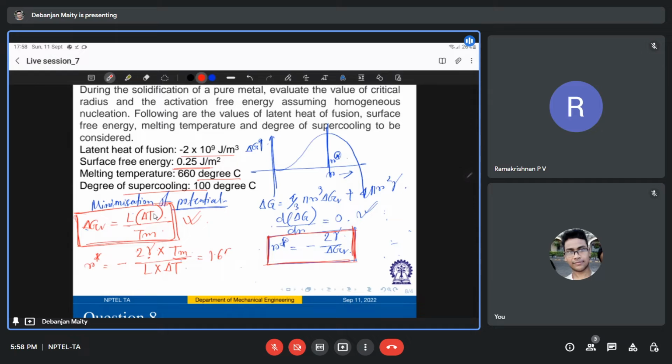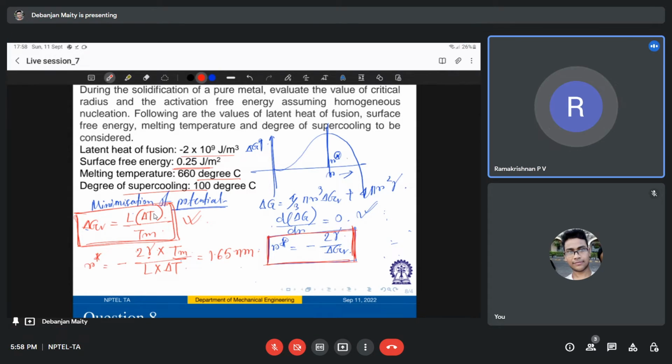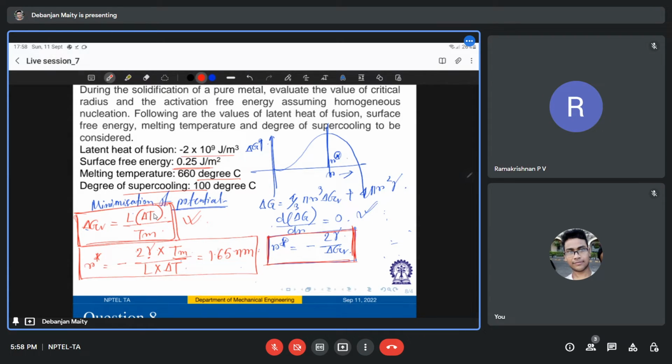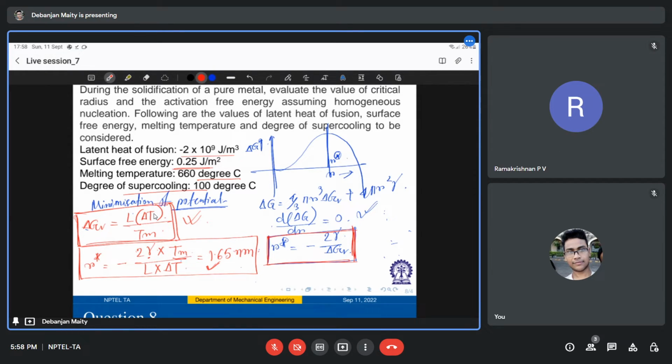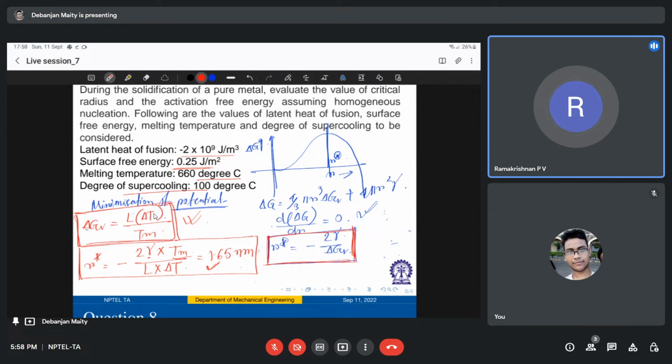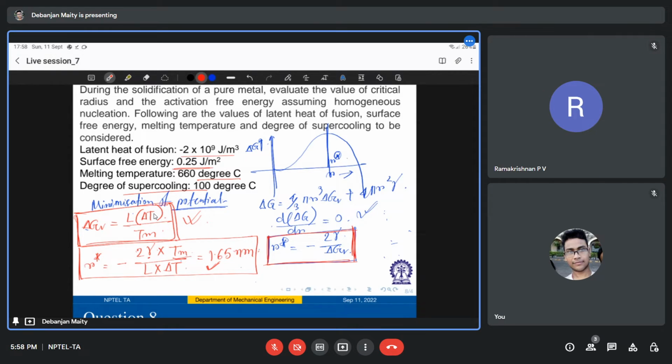For me, it's coming in terms of nanometer. Yes, sir. Same, 1.65. Agreed? Sir, temperatures must be in degrees Celsius only, right, sir? Temperature here, Tm, must be in degrees Celsius only, right, sir? 660. We can directly use it. Yes, sir, same answer. Yes. It's degree C.